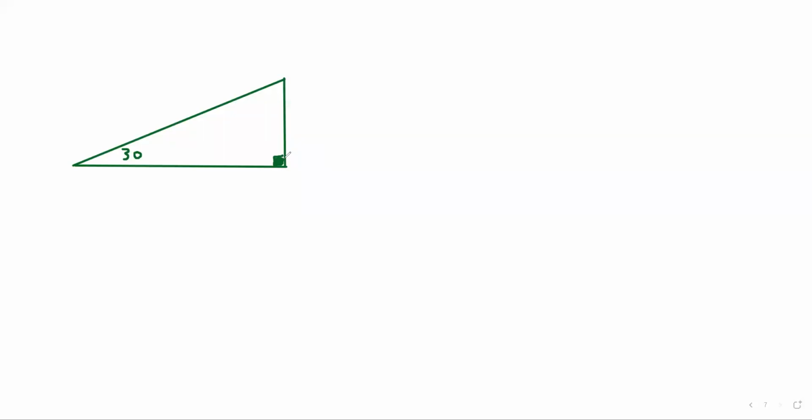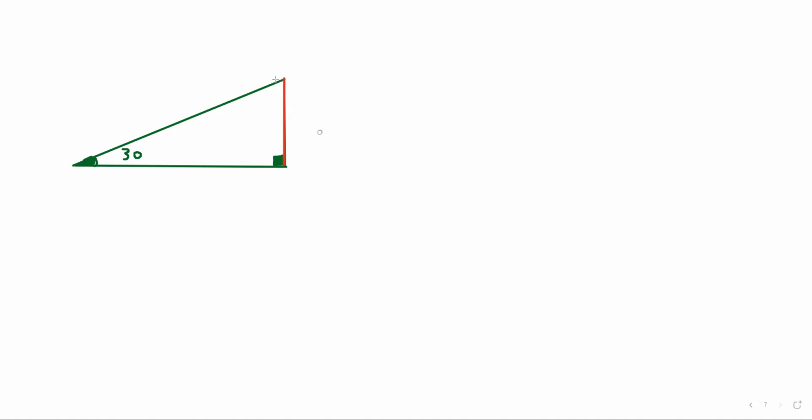Construct a right-angled triangle with angle 30. After constructing the triangle, you will find the length of the side opposite to the angle of size 30 always equals half the length of the hypotenuse. This side here is the opposite side.